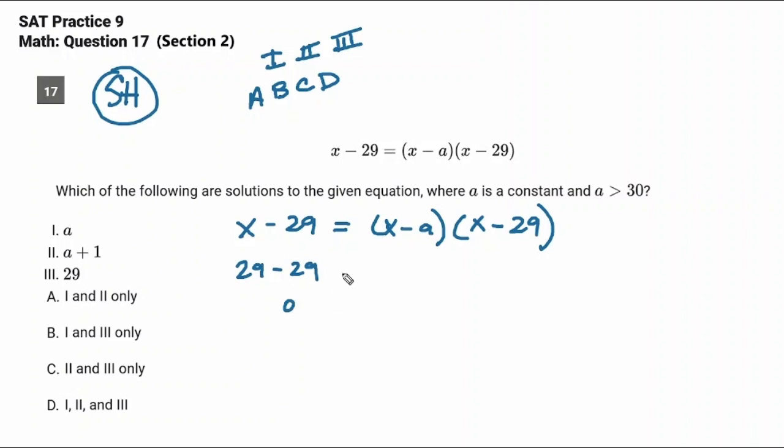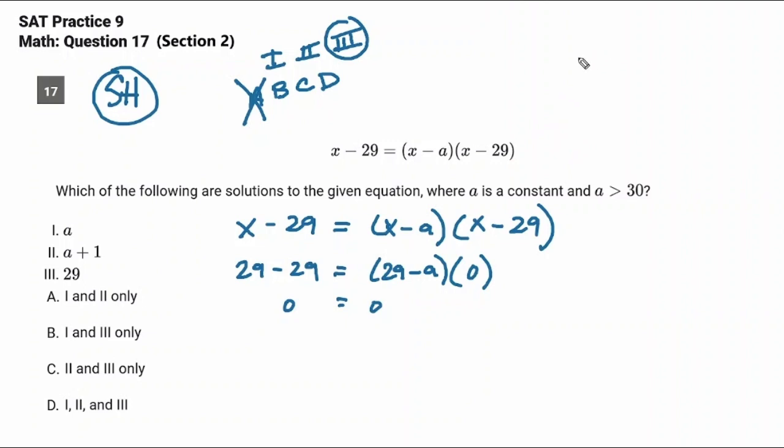That side 0 equals 29 minus a times 29 minus 29, which is 0. So that's side 0. So is this a solution? It is because both sides are the same. Both sides are 0. So does Roman numeral 3 work? It definitely does. So you can cross off any answer choice that doesn't have Roman numeral 3 in it, which unfortunately is only A. B, C, and D all have 3 in them.